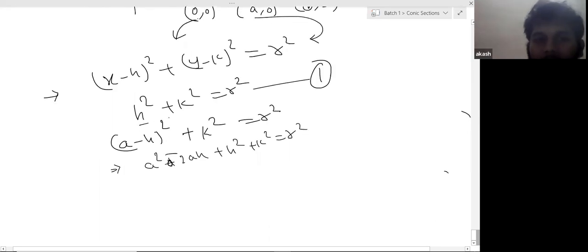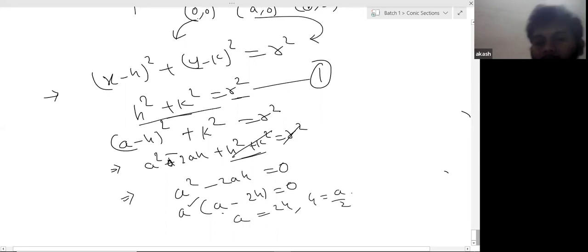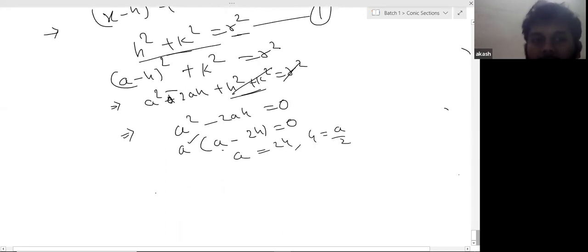But we know that h square plus k square equals r square, so this value is cancelled. So what you have is a square minus 2ah equals 0. That means a times (a minus 2h) equals 0. So either a is 0 or a minus 2h is 0. Obviously a equals 2h. It means h equals a by 2, because these are three distinct points.